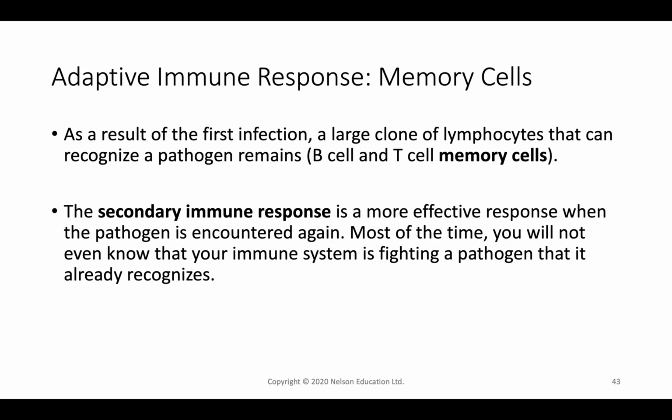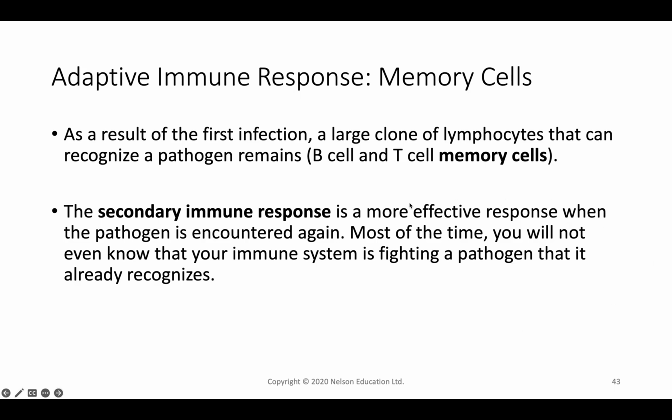Okay, so again, as I mentioned, we have memory cells, which serve as the ability to basically track your arsenal of everything that you've ever utilized to attack any foreign invader over your entire lifetime. The first time that you're infected, you're going to create a clone of the lymphocytes that are able to recognize that pathogen. Again, T cells and B cells make memory cells. So the next time that you encounter that pathogen, you have a far more effective immune response.